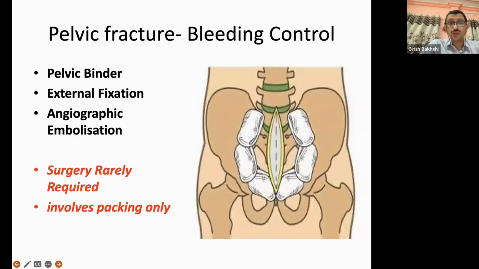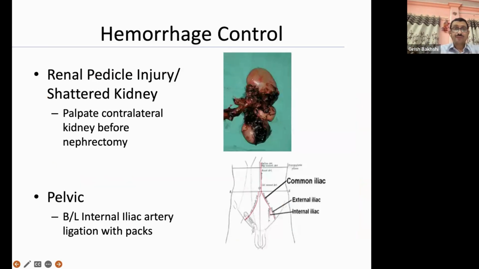So what you can do is something known as pre-peritoneal packing. That means don't open the peritoneum, just go down, push the bladder down along with the peritoneum, and all around that you put mops. Basically, a pressure tamponade is created in the pelvis to stop the bleeding. And after 48 hours, you can take up the patient once stabilized.